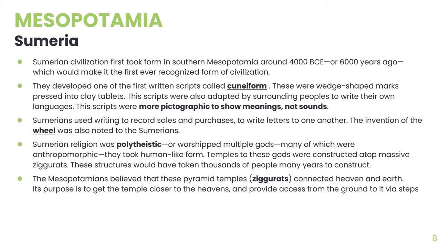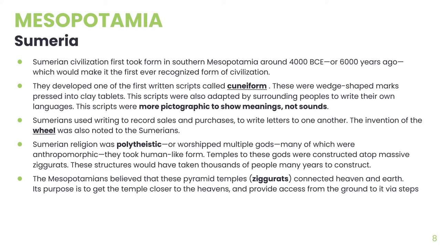They developed one of the first written scripts called cuneiform. These are marks or writings pressed into clay tablets, sa mga pinatigas na clay. And these scripts were also used or adapted by the surrounding peoples to write their own languages.